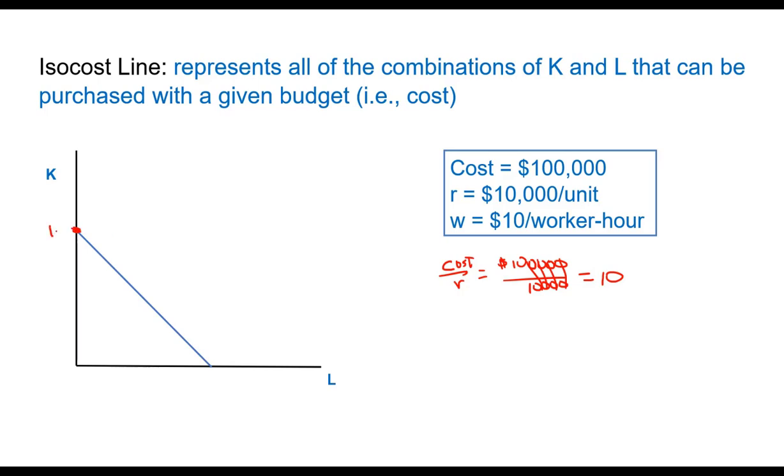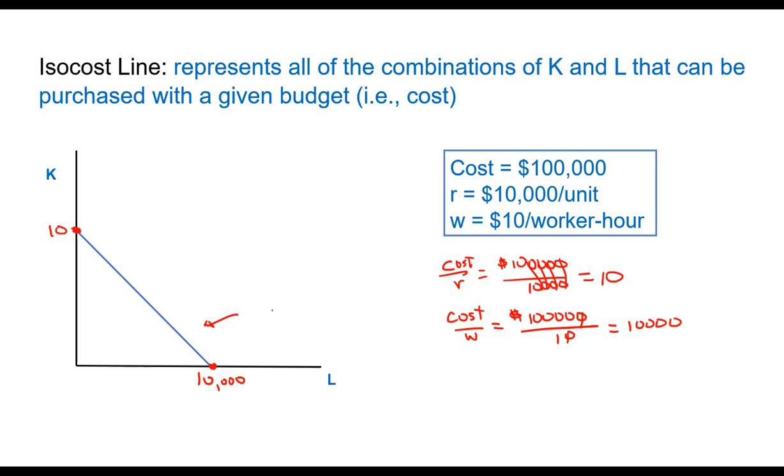If instead we spent all of our money on workers and no units of capital, we could hire 10,000 worker hours. Or with that same fixed cost, we could hire combinations of capital and labor that fall on this line.